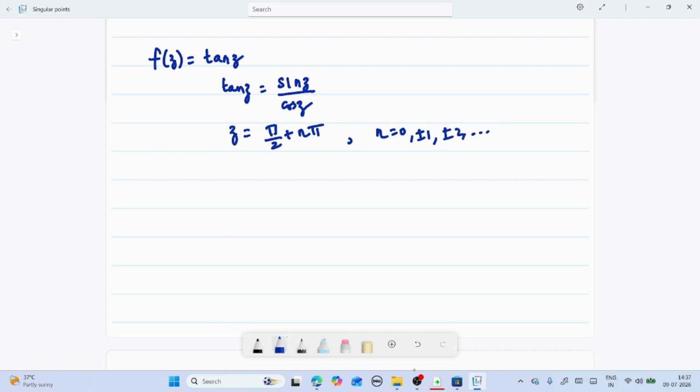Now you can see here that we will have to check whether these isolated singular points are removable singular points or not. So for that we will just check the limit as we have done earlier. z tends to n pi plus pi by 2 operating on f of z. Here the limit will not exist.